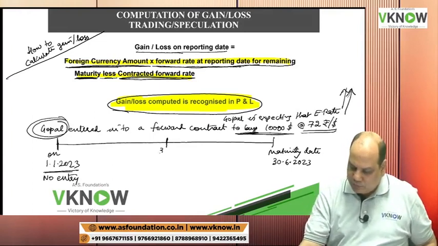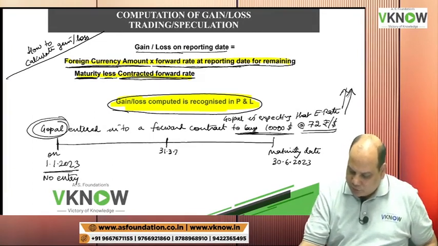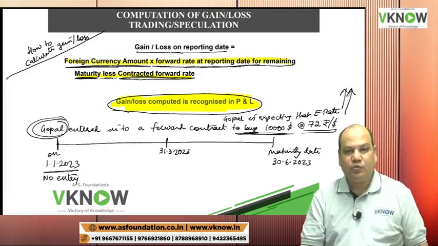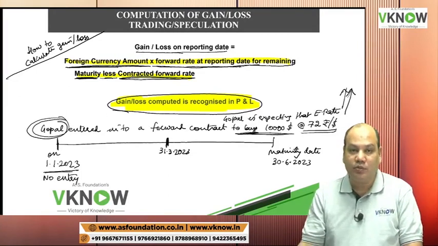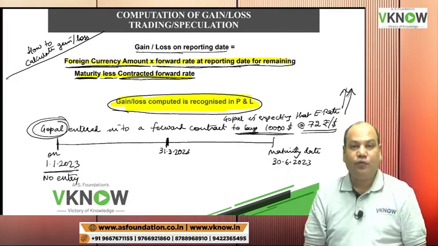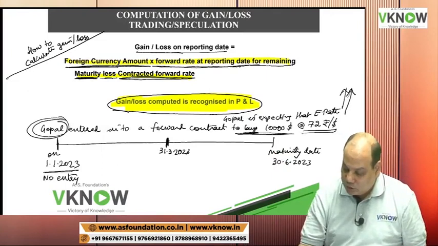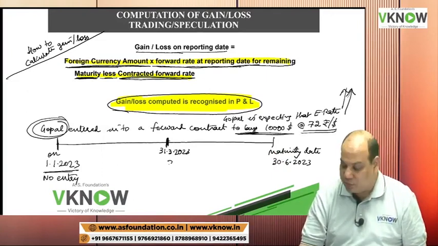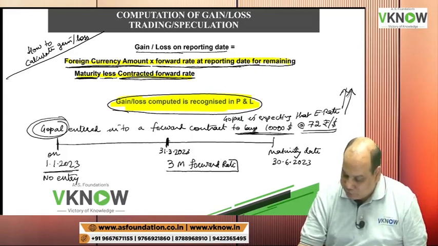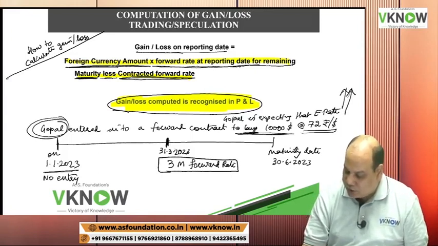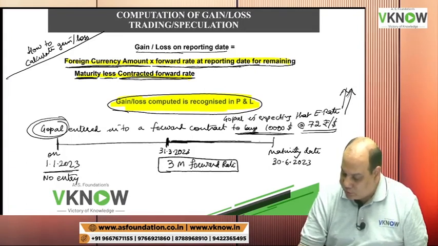Now this is 31st March 2023. What will Gopal do? Gopal will check in the market what is the rate for dollar. He will inquire about the 3-month forward rate, not the spot rate. That is, today, what is the exchange rate for the remaining maturity?